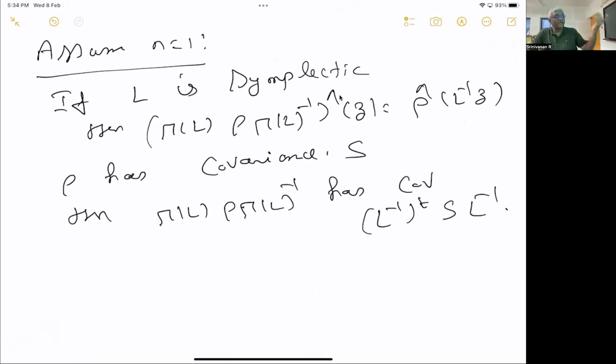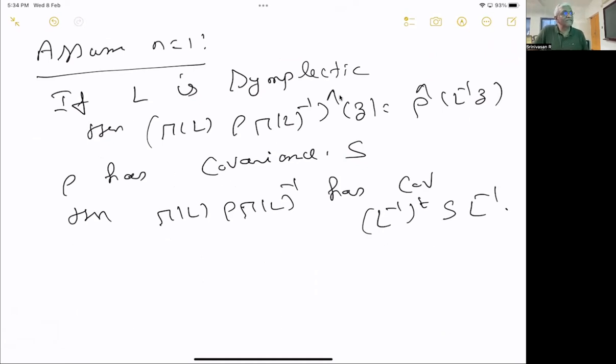So in particular, you'll get L inverse here, and L inverse transpose, correct?